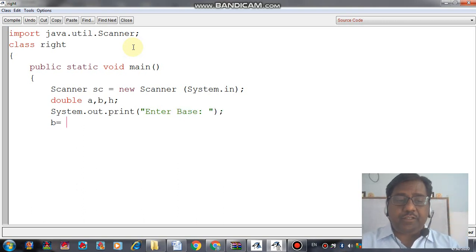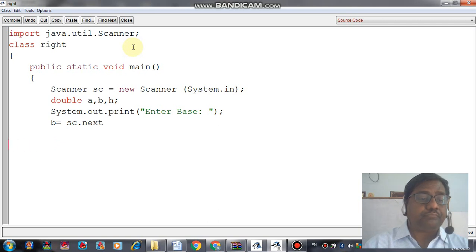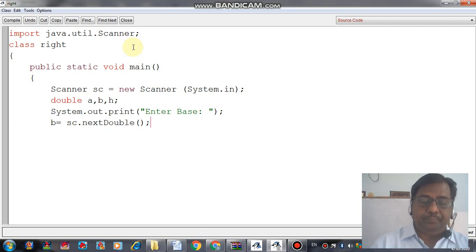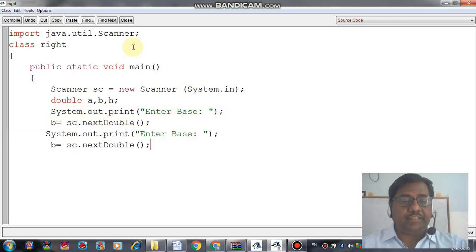In which variable are you supposed to take the base? B. What is the function of the scanner class that you are supposed to use to take the value? sc.nextDouble, with T capital, D-O-U-B-L-E, nextDouble. Similarly, you are supposed to take the value from the user for the height.